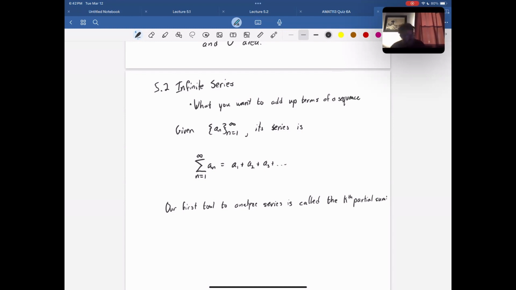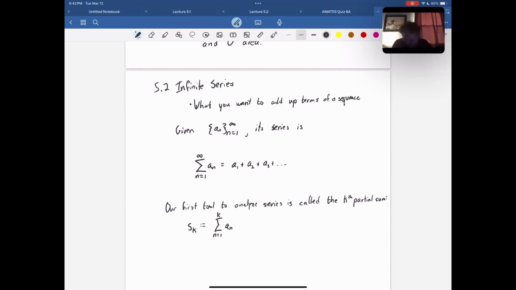This is denoted S sub k, and all it is going to be is the sum from n equals 1 to k of our sequence, with a little colon equals, meaning it's defined as.